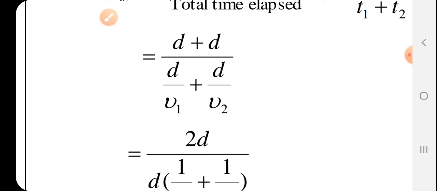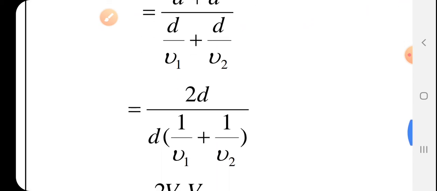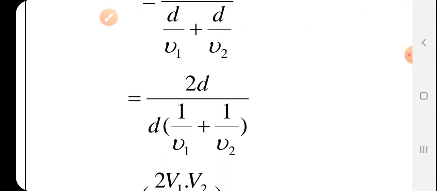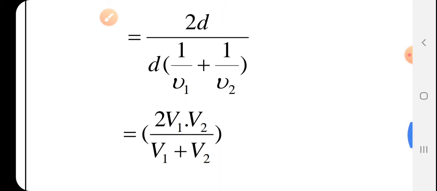By the calculation, finally we obtain 2 v1 v2 upon v1 plus v2. This is called harmonic mean. In class 9th we have to learn the result, that is 2 v1 v2 upon v1 plus v2.